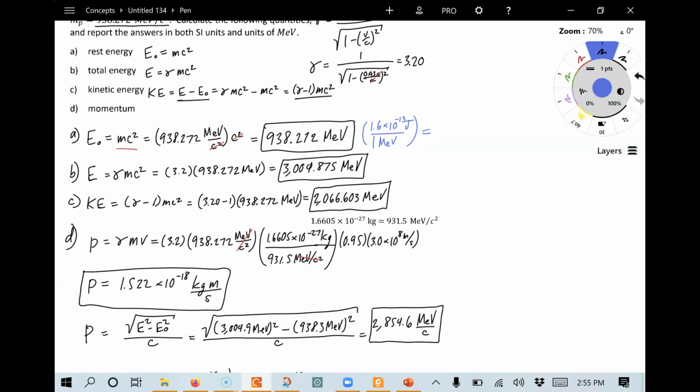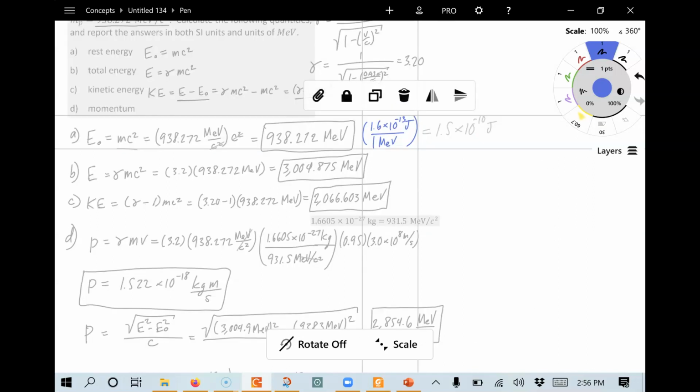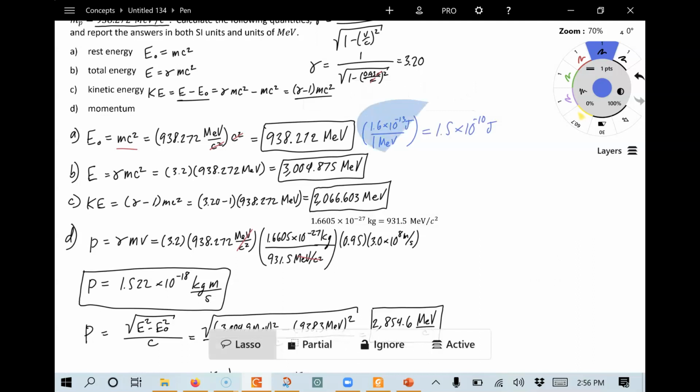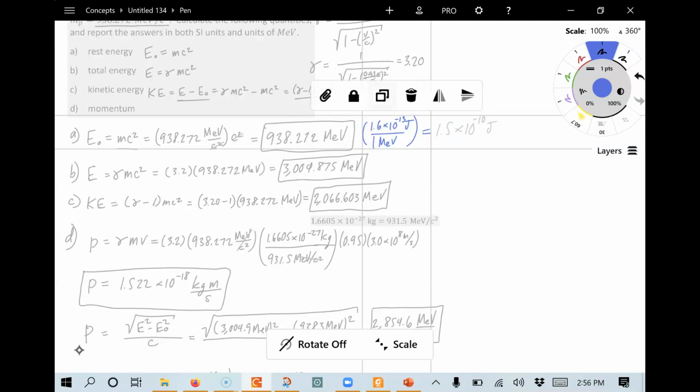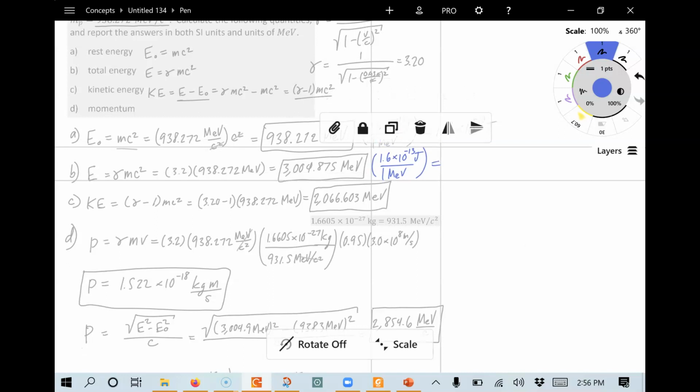We'll be left with joules, and that calculation comes out to 1.5 times 10 to the minus 10th joules. And we can use the exact same conversion factor to do the other conversions as well, since they're also energies.